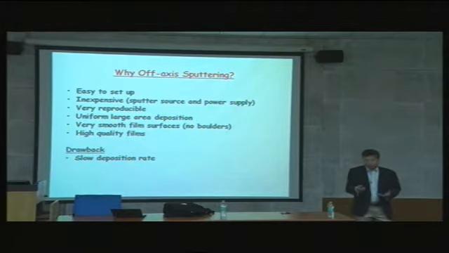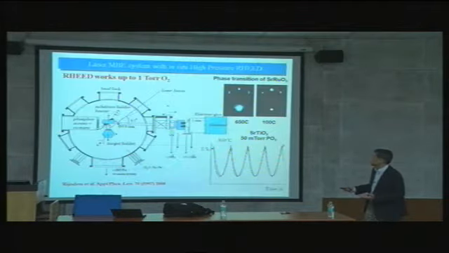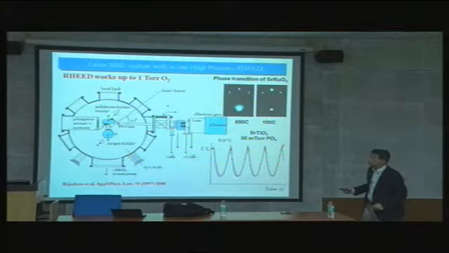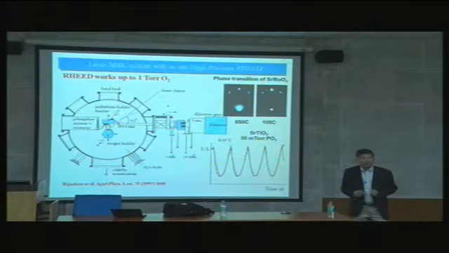With pulsed laser deposition, the pulsed laser beam is focused on a very tiny spot. The uniform area you can grow is maybe at most 10 millimeters by 10 millimeters, or 1 centimeter by 1 centimeter.